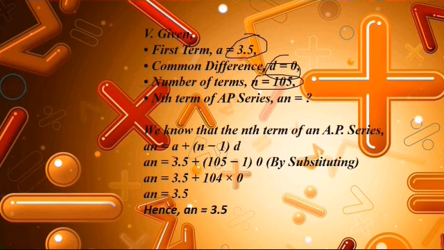The formula is a plus n minus 1 into d. Here 105 minus 1 is 104, and the common difference is 0, so we get 0. Then what is left is the first term, 3.5. Here we can observe that the common difference is 0, so all terms will be 3.5 itself. So we have completed the table.